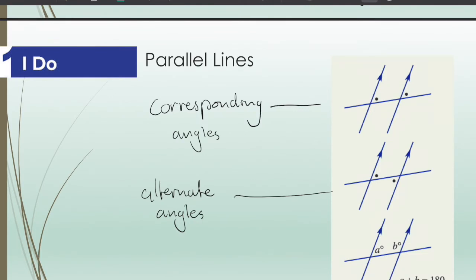What we have down here is alternate. These 2 angles, what we're looking for here is a letter Z, and then the 2 angles inside the letter Z are equal. They can be this way, and they can also be the other way. These are also alternate angles. And the last one is co-interior.